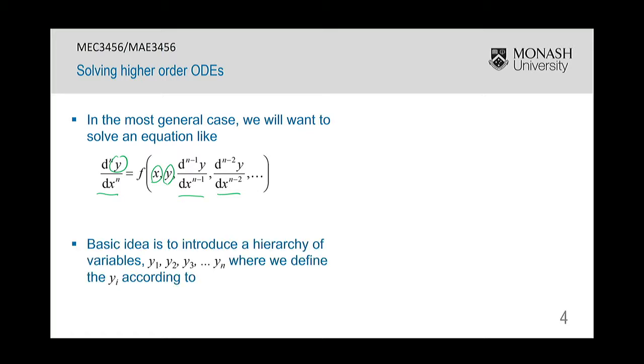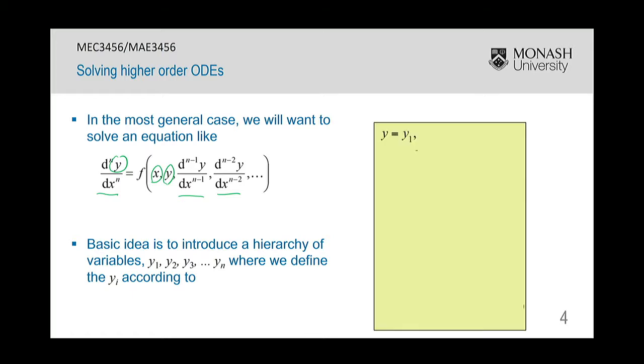The basic idea here is to introduce a hierarchy of variables, y1, y2, y3, etc., up to yn, where we define the different y's according to the following. First of all, we let our unknown y equal y1. So once we've found y1, we know that we've actually found the thing that we're trying to look for, and that thing here is this y.